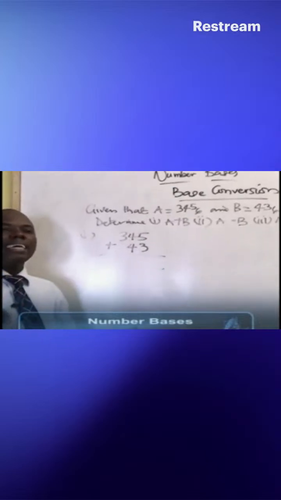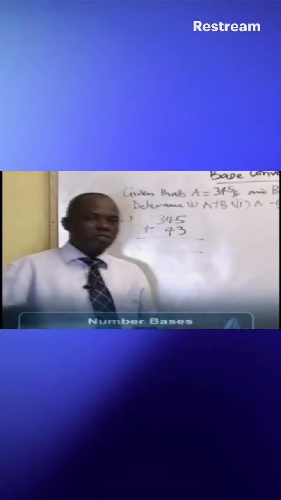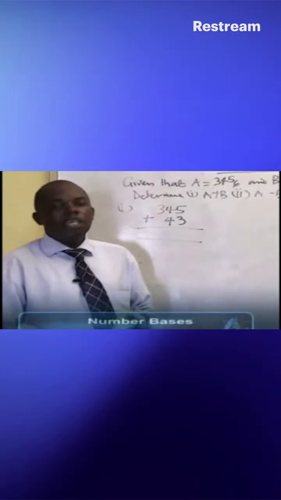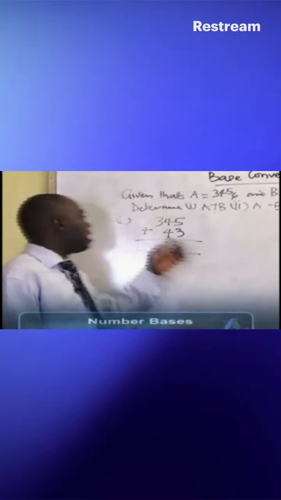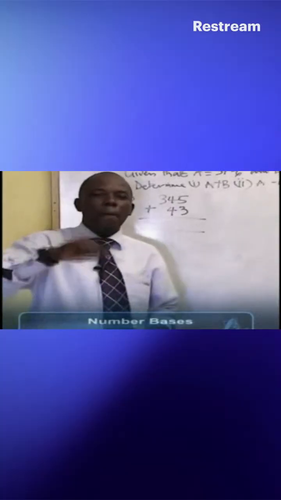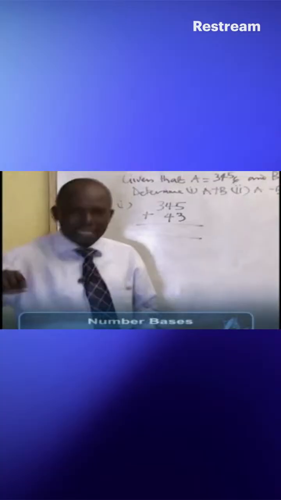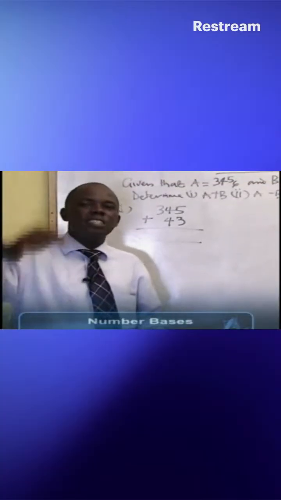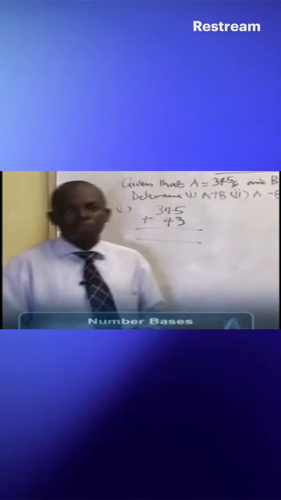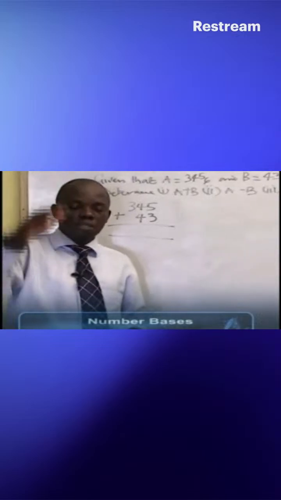When you are working in base 9, you must not get 9 as part of your answer. When you are working in base 6, you must never write any digit here that is above the specified base. You cannot even write 6 itself. You can only write digits from 5 downwards because you are operating in base 6.